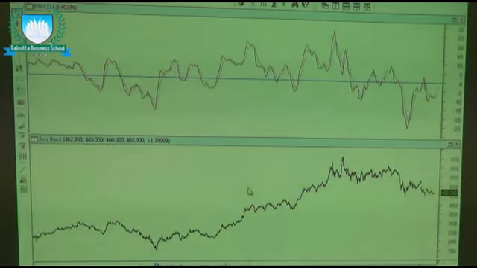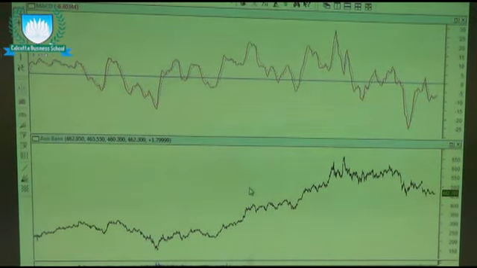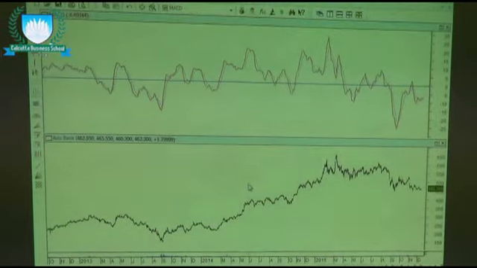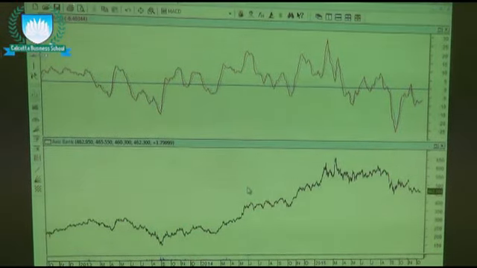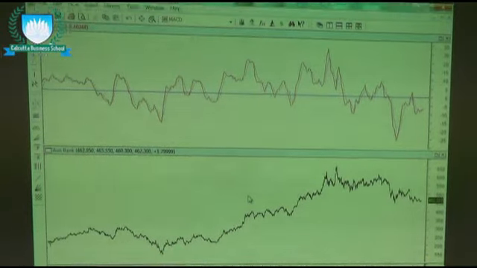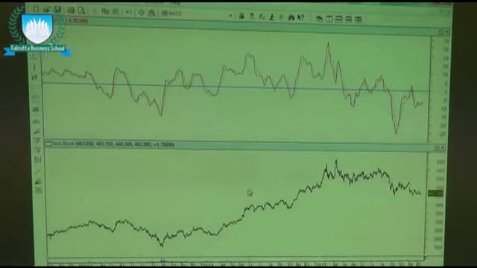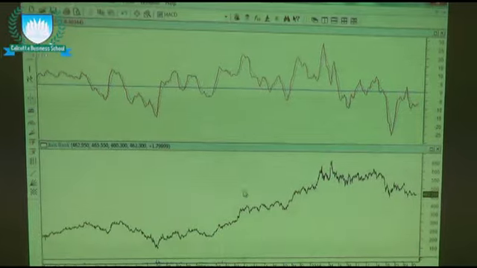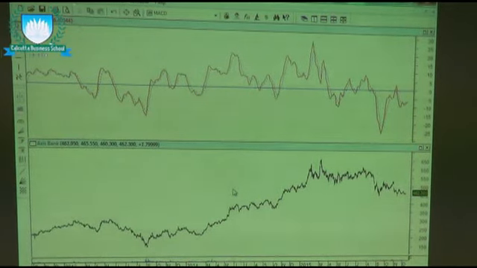So the red line is the difference between a 12-day exponential moving average and a 26-day exponential moving average of the price line shown below, and the trigger line is the 9-day exponential moving average of the difference.